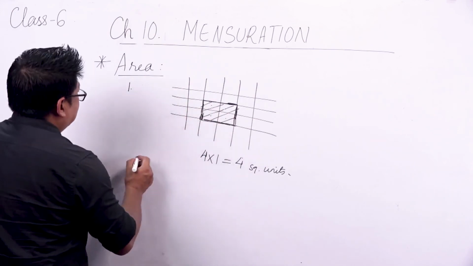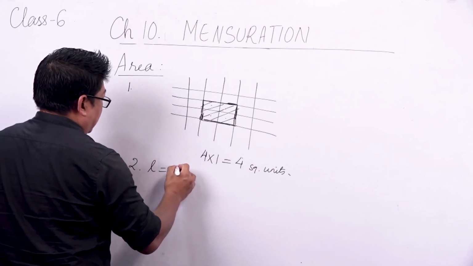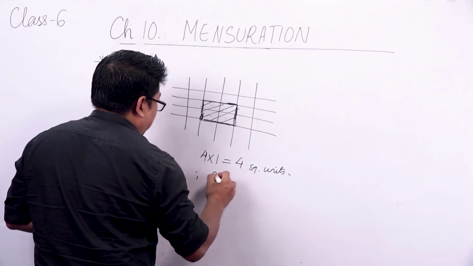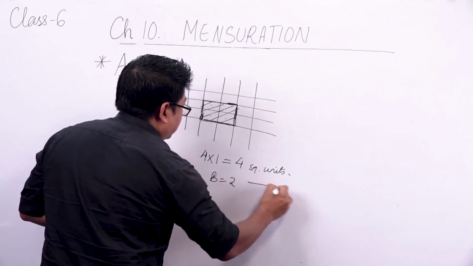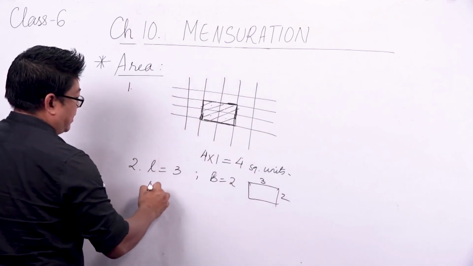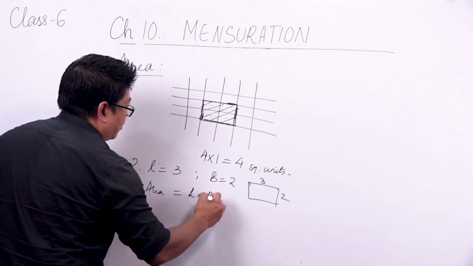All right. Some may be direct questions. You'll be given length is equal to, let's say, 3, breadth is equal to, let's say, 2. If they give you like this, 3, 2, find the area for this rectangle. So area of rectangle is equal to length into breadth.